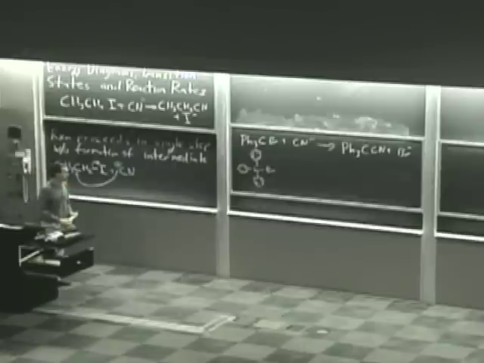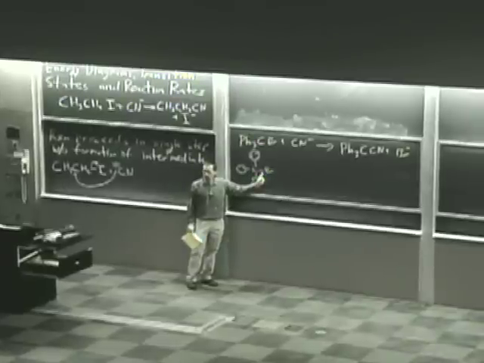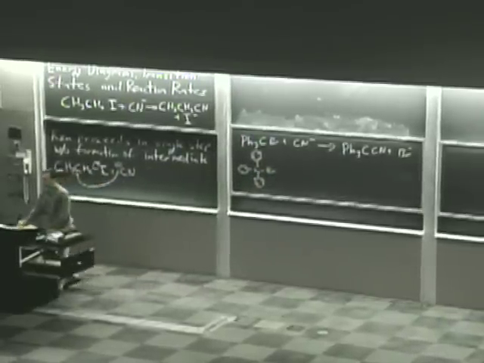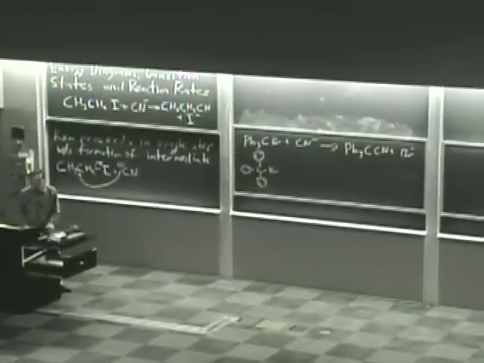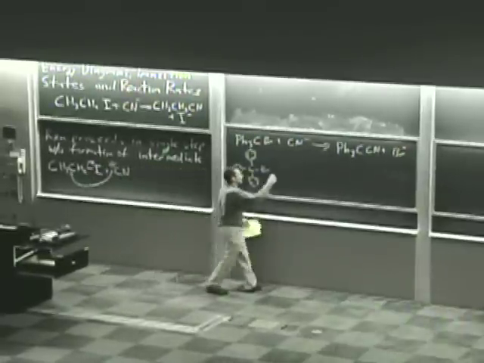And for various reasons, the carbon being tertiary here does not allow the reaction to proceed in a single step. Instead, the reaction proceeds in 2 steps by way of a carbocation intermediate.